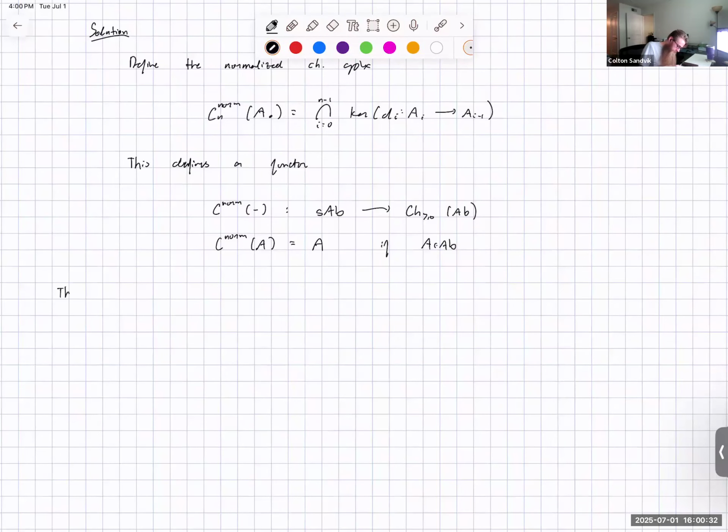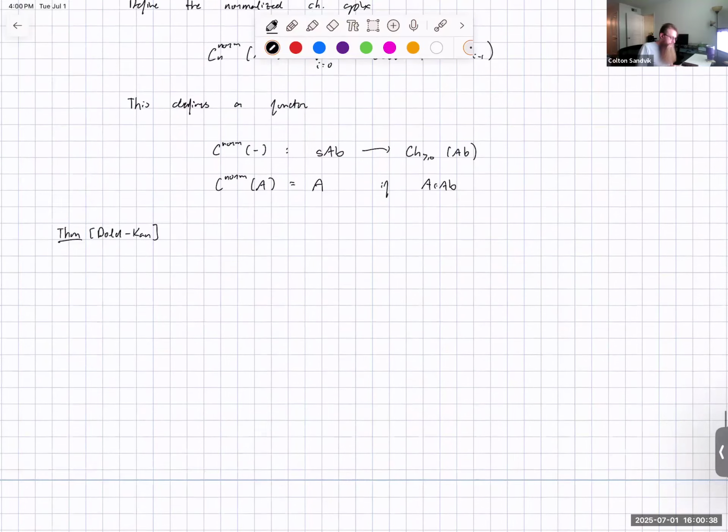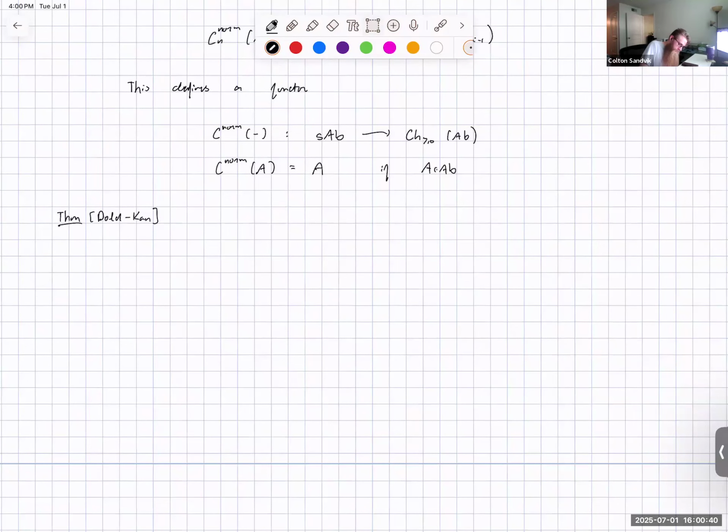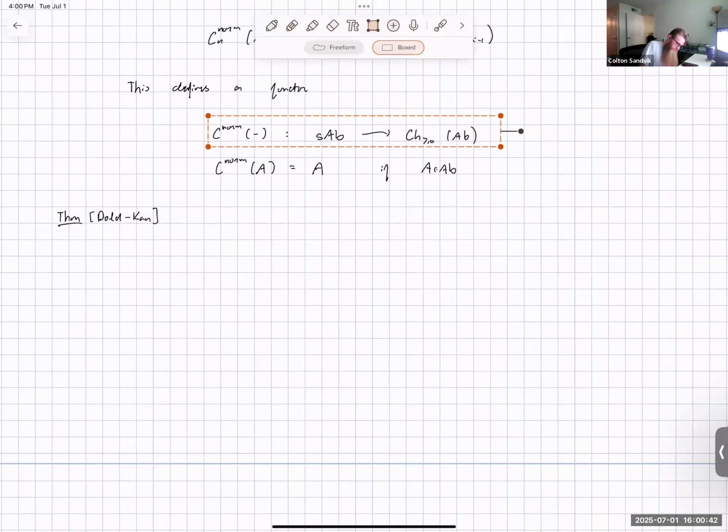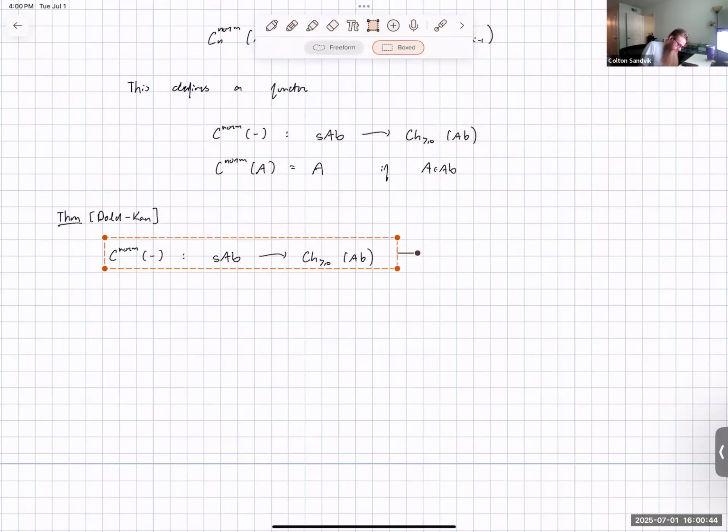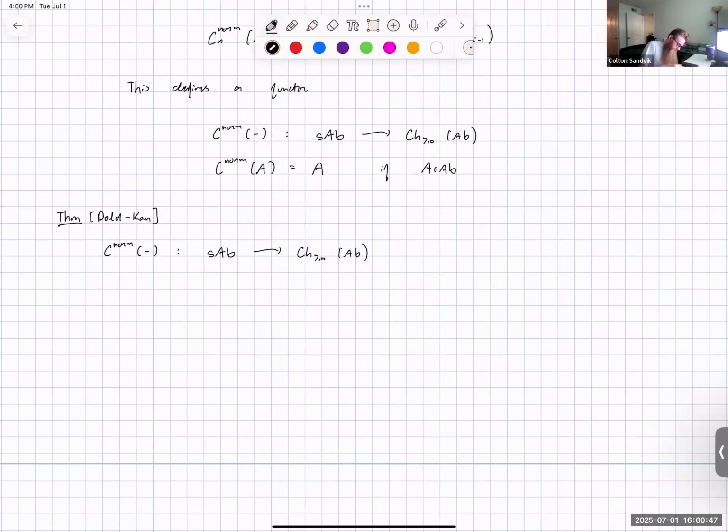So here's the theorem of Dold-Kan, which is that this functor is an equivalence of categories. This is quite nice.